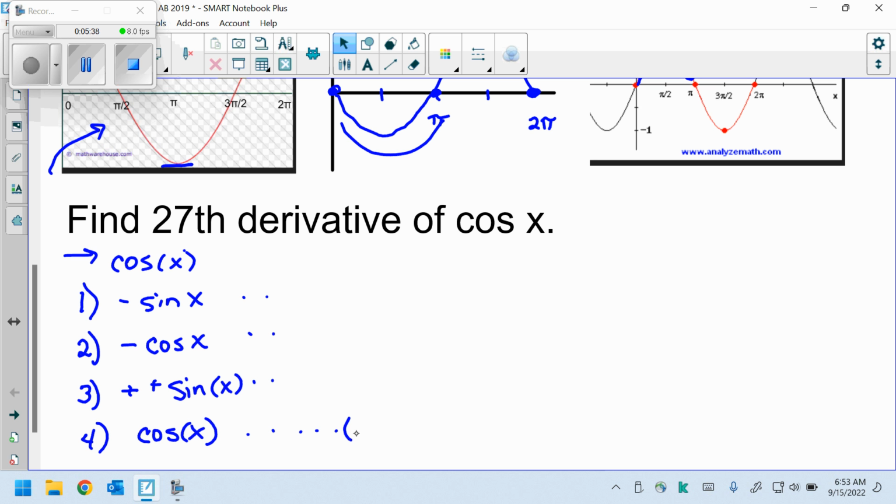This would be the 24th derivative, which means this would be the 25th, 26th, and 27th. When you're asked to find the 27th derivative, 105th derivative, whatever it might be, notice a pattern. There will always be a pattern. You'll never really have to find 27 derivatives.